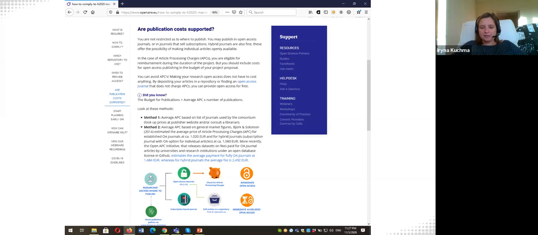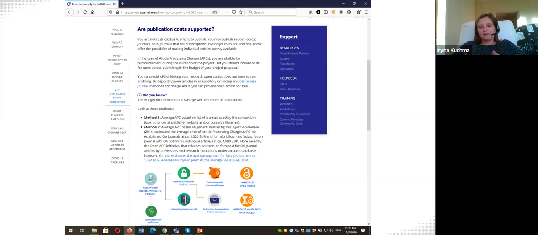When we talk about open access publishing, and by publishing I mean really publishing in a journal, getting this peer review stamp, some publishers charge so-called article processing charges. If we look at the global number of open access journals, over 70% of open access journals don't charge those article processing charges.